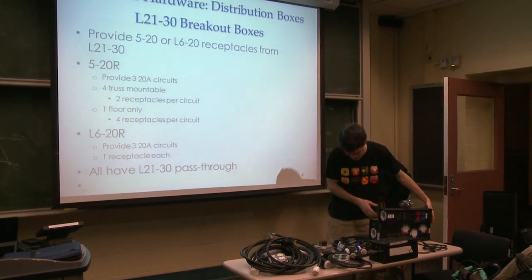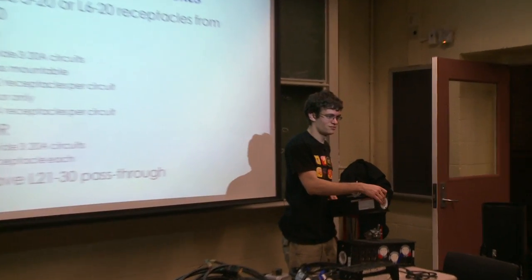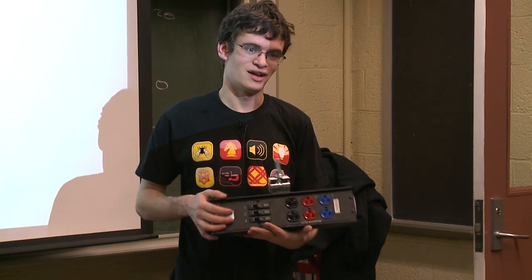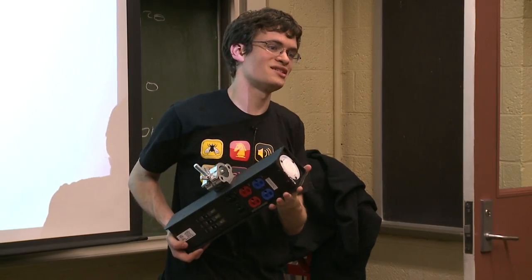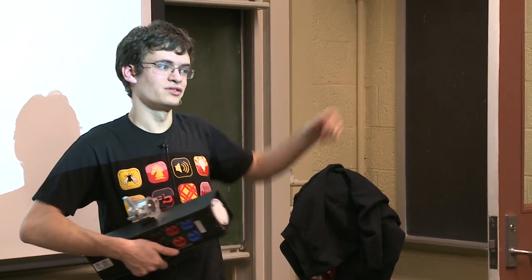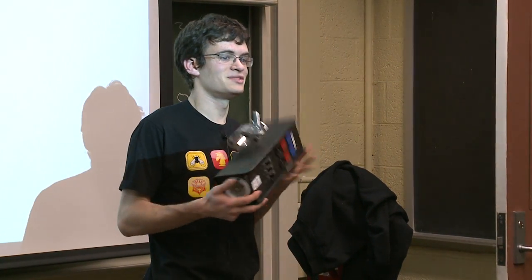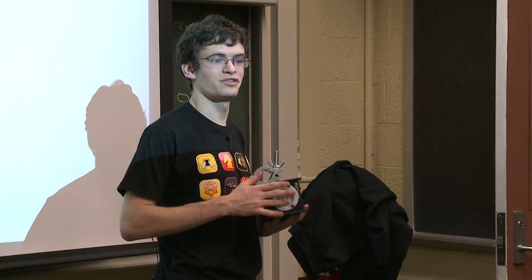These take L2130 in with a male connector, plug a female cable into them, provide you with one breaker per circuit of whatever the necessary amperage is, and they also conveniently pass through. So if you're not maxing out the L2130 line with one box, you can run it to another part of your truss or your rig and power another box. Just make sure that with all the boxes coming together, they have to be under 30 amps per phase.